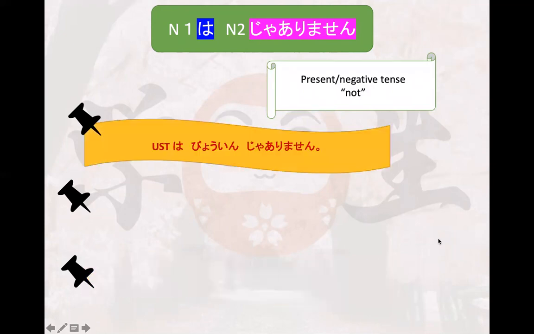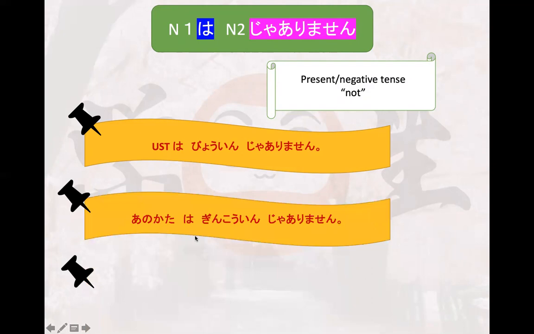Now, to give you an example, UST wa byouin ja arimasen. UST is not a hospital. Next, ano hito wa ginkouin ja arimasen. That person is not a bank employee.